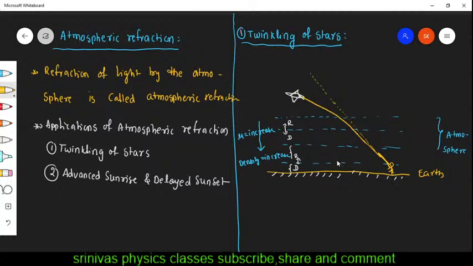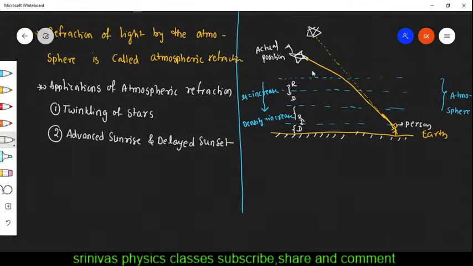Then this is the straight line. When any person sees the star, it will appear here. That means this is the actual position of the star. But when this person observes the star, it never appears at its actual position. It appears here.